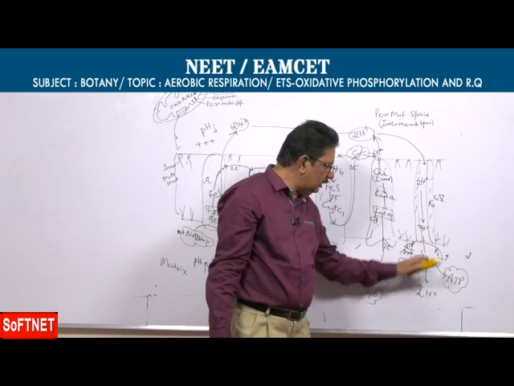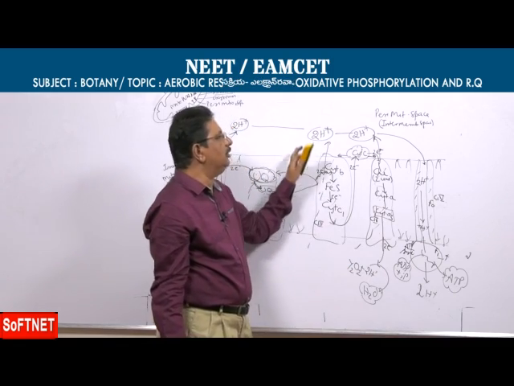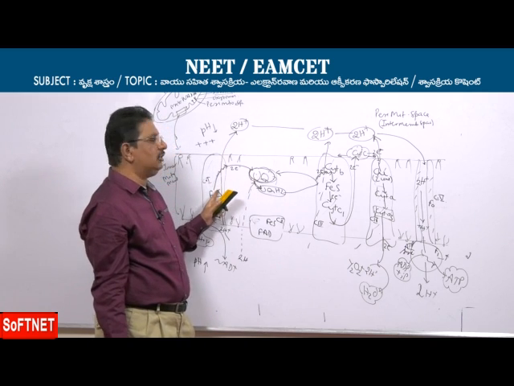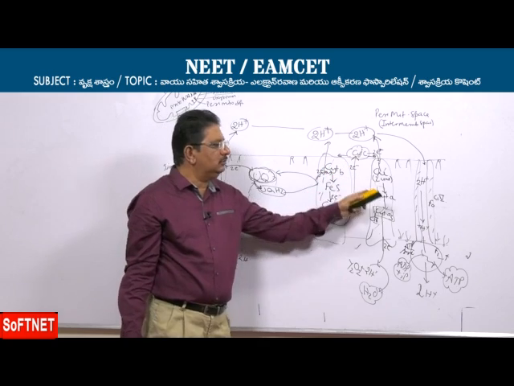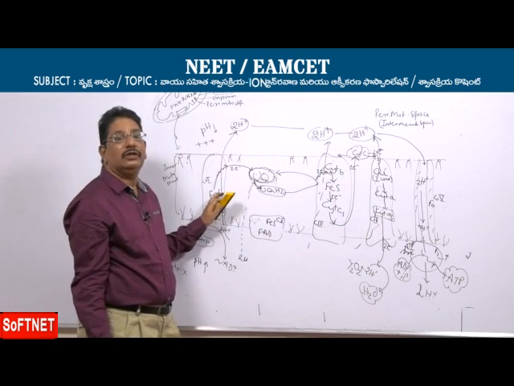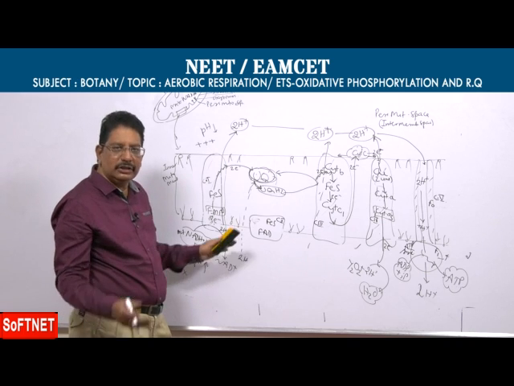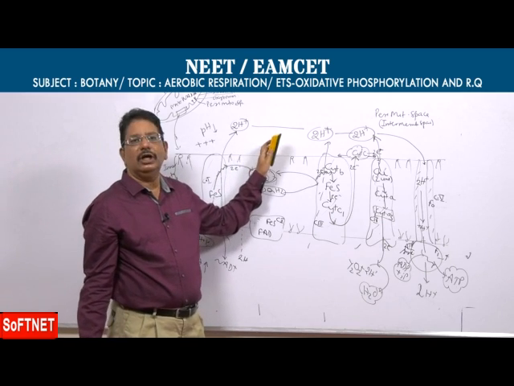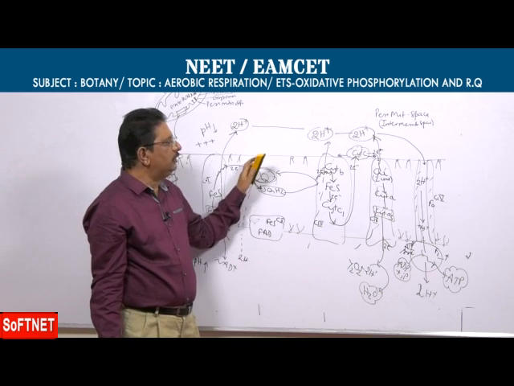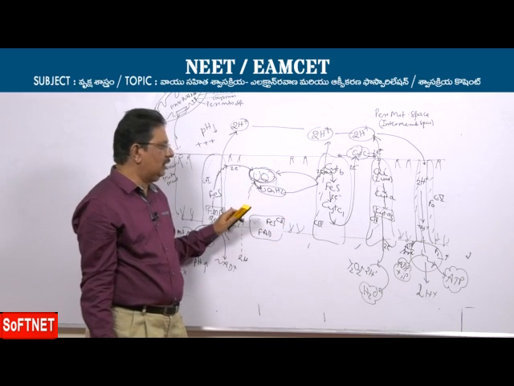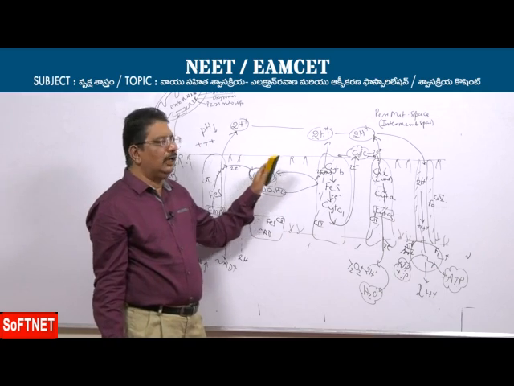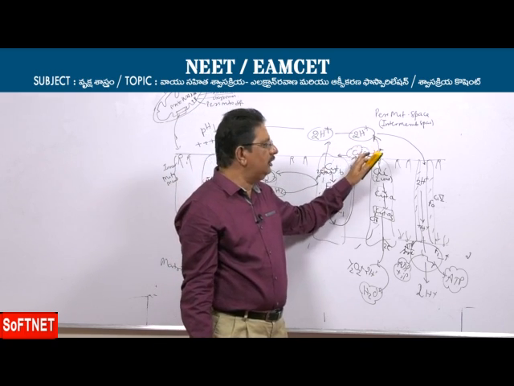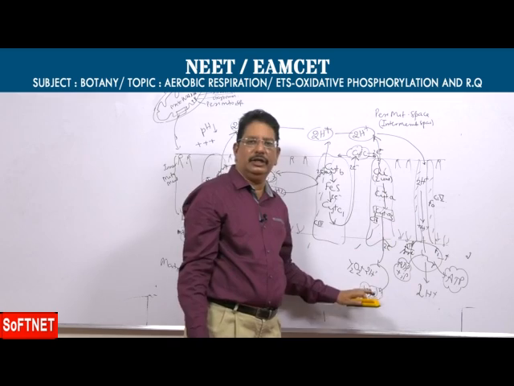So, this proton translocation occurs because of the gradient, and the proton gradient is established because of electron transfer, and electron transfer occurs during oxidation. So, there is a combination. The electron transfer coupled with proton translocation creates the proton gradient across the membrane, that finally develops a force called proton motive force, which drives the synthesis of ATP.